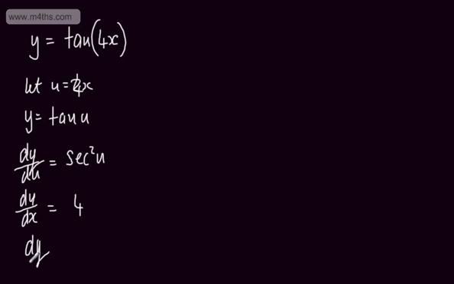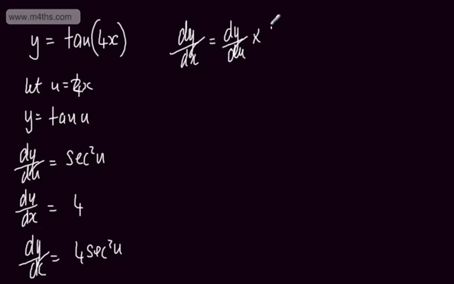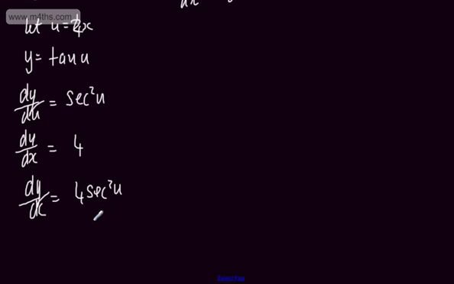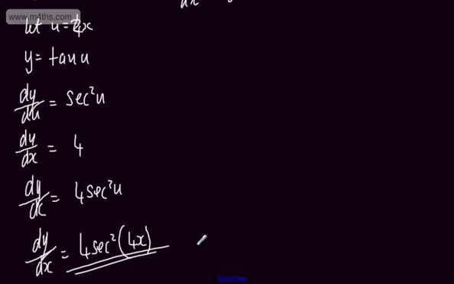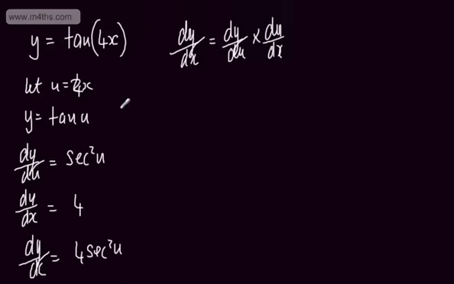So we can say that dy by dx would be 4 sec squared u. This is simply using the chain rule. We know that dy by dx will be equal to dy by du multiplied by du dx. So in terms of u, it's sec squared u multiplied by 4. So we could write dy by dx would be 4 sec squared 4x. And that now is the derivative of tan 4x.